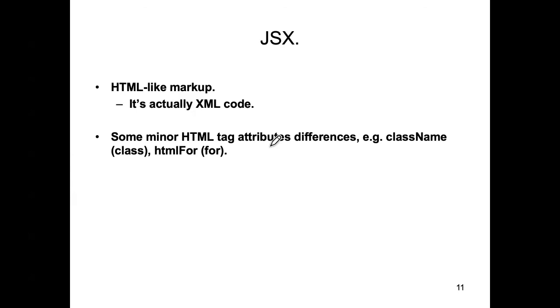It is effectively HTML with some minor, very minor differences. We've already seen one of them. In your JSX syntax, you can't use the class attribute when you want to associate a CSS class with a piece of HTML. You've got to use the className attribute instead. We've already seen that, and that's pretty much the only difference you see between JSX and what you know from HTML.